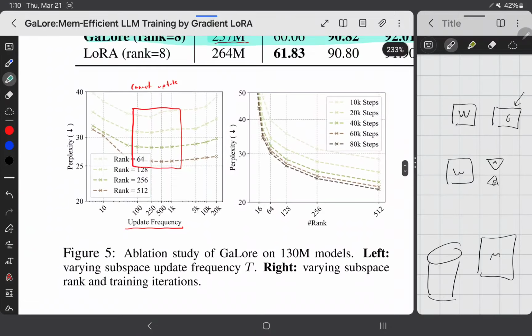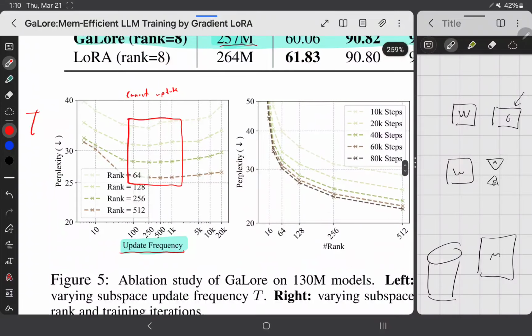Another thing I wanted to show was the update frequency. So this is our big T. They show that a small big T and a large big T aren't very good. However, something in the middle is good, so normal trade-off. That's because if you update too often, then you're not done optimizing that subspace, so you're changing subspaces too much, and it's not going to converge in that subspace.